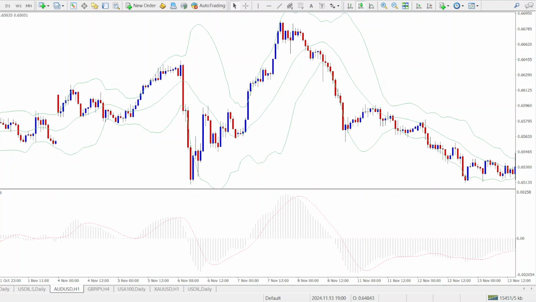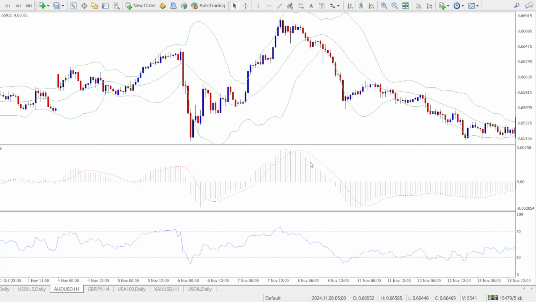Now we also have the RSI, or the relative strength index. The RSI indicator measures the speed and change of price movements, showing whether a currency pair is overbought or oversold.